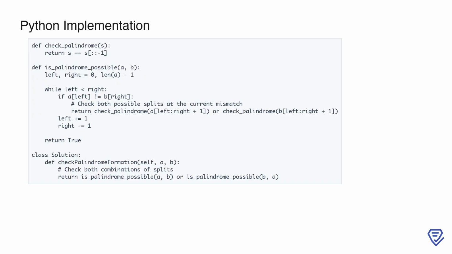Time complexity: the solution operates in O(n) time, where n is the length of the strings, as it involves a single traversal with two pointers. Space complexity: the space complexity is O(1), since no extra data structures are used. This implementation is efficient, clean, and handles all edge cases, including empty strings and strings that are already palindromes.